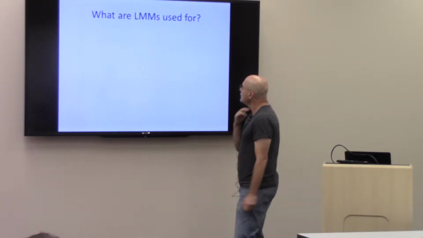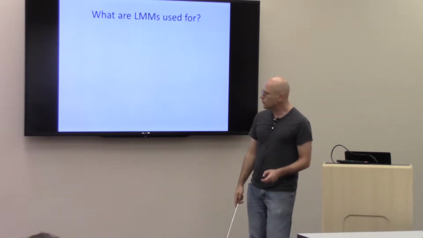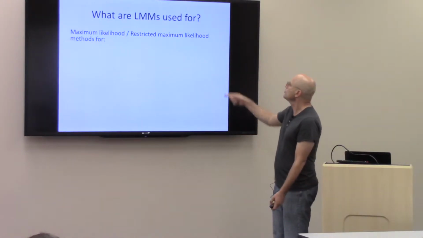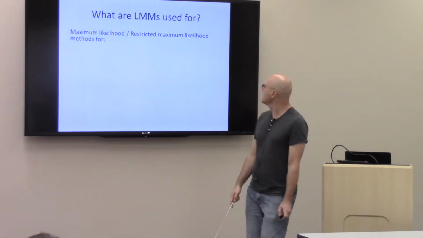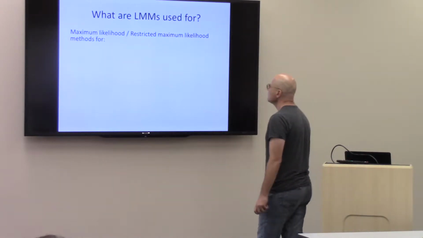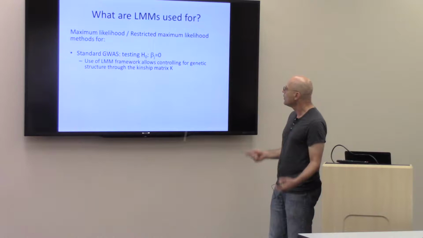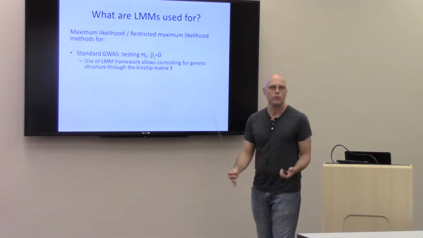Also something we've talked about a lot: what are we using these LMMs for? Basically, we use them to do maximum likelihood estimation or restricted maximum likelihood estimation, and to develop methods for all the things we want to do with genome-wide studies.